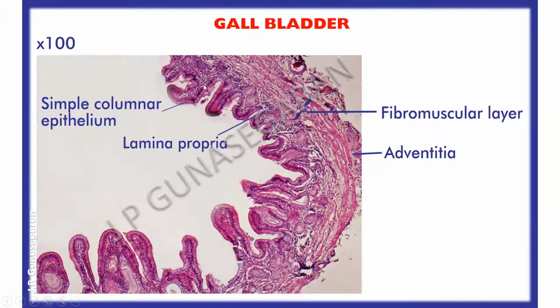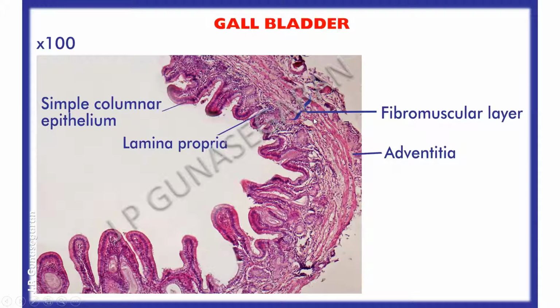The mucosa is thrown into several folds. The epithelium is provided with microvilli which give a striated or brush border to the epithelium. Muscularis mucosa and submucosa are absent.